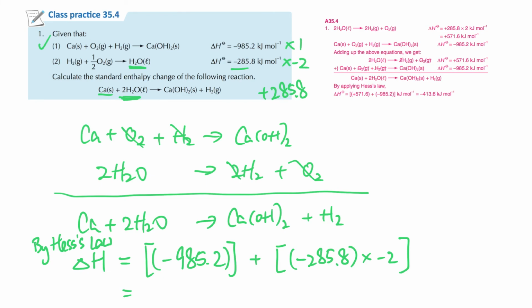So at the end it will be negative 413.6 kilojoule per mole. So it should be the same as this one.